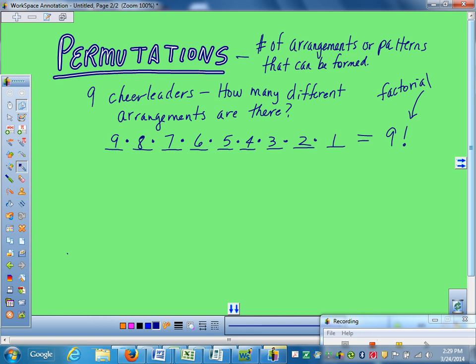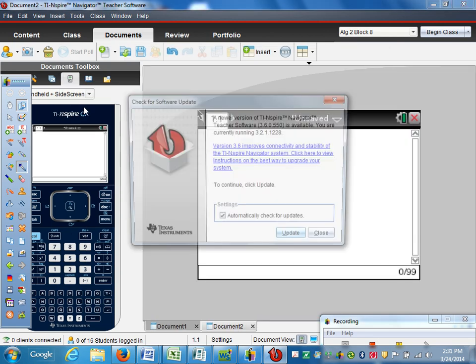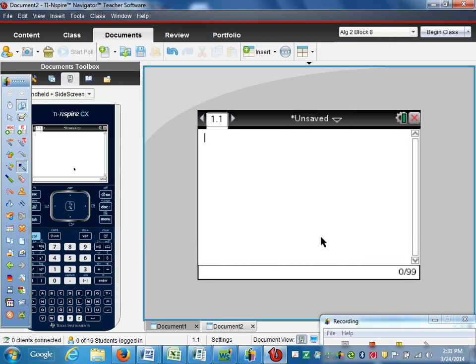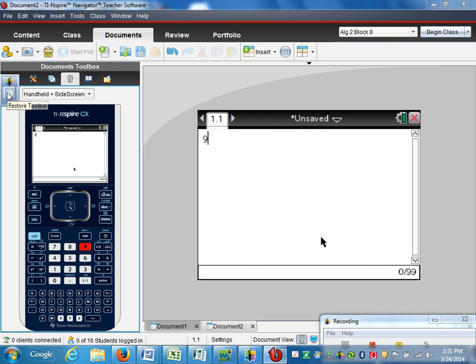Now the question is, is there a quick way for us to do that on our calculators? We certainly hope so. If I type a 9, the big question is, where did they hide the exclamation point? You can always go to symbols, but unfortunately, they're not always super consistent about where they hide these things.